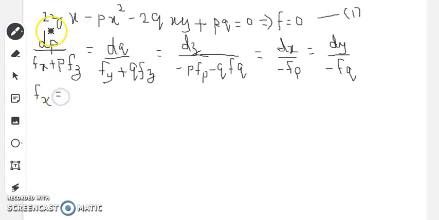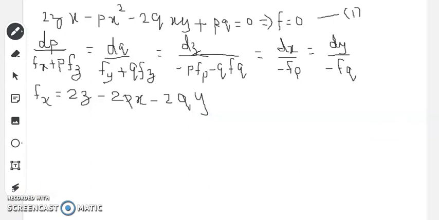So fx is equal to 2z, derivative of x is 1, minus p into 2x, so 2z minus 2px minus 2qy.